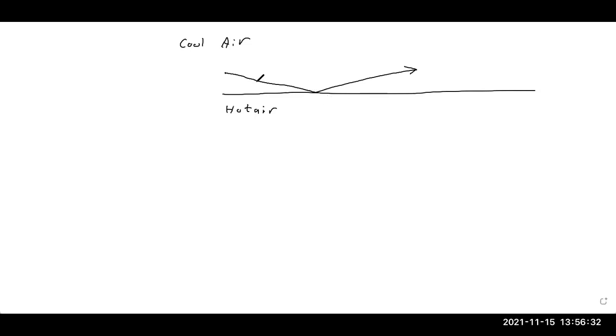At glancing enough angles, even small changes in your index of refraction matter.